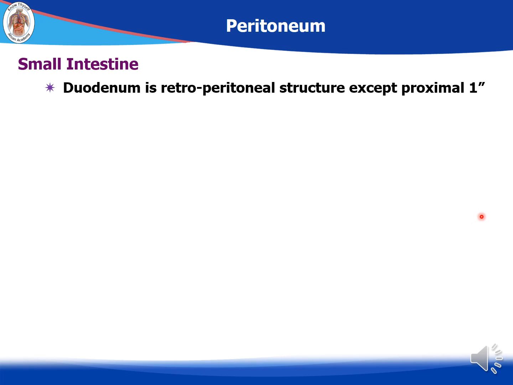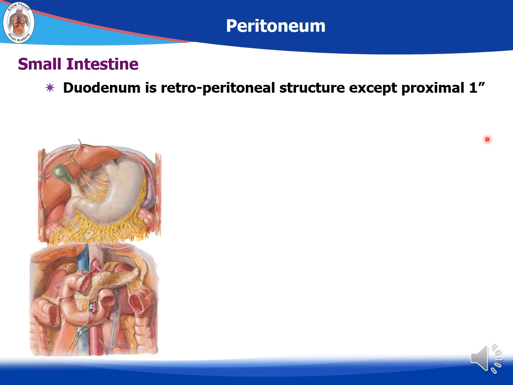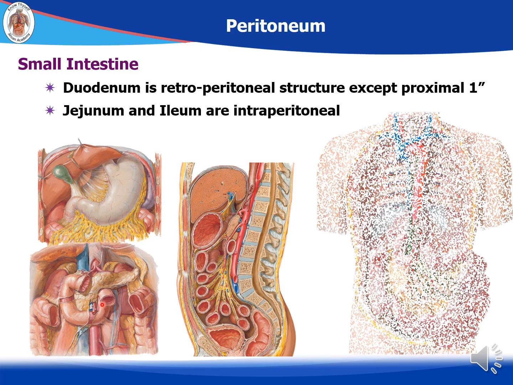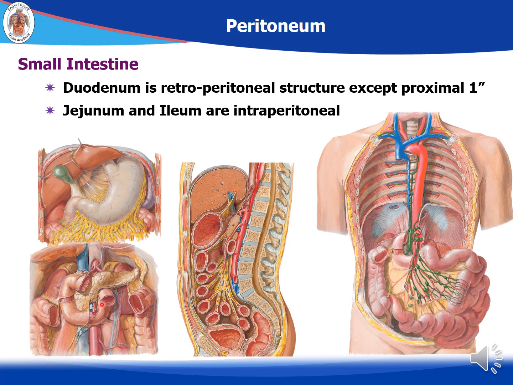In the small intestine, the proximal most part, about 1 inch of the proximal part of the duodenum, is intraperitoneal. The rest of the part is retroperitoneal. You can see this is the duodenum, and it's a totally retroperitoneal structure, but from the beginning of the jejunum to the end of the ileum are intraperitoneal.